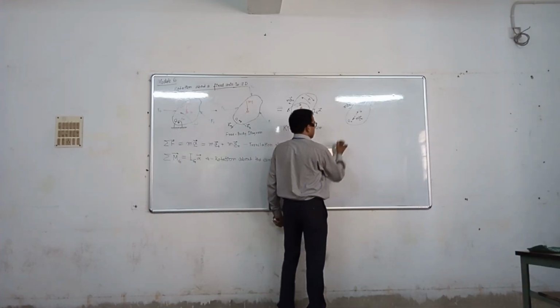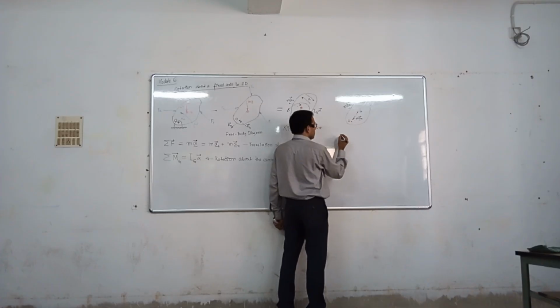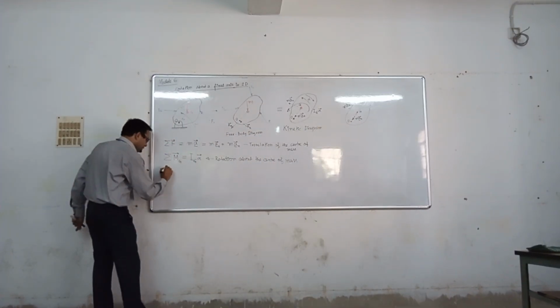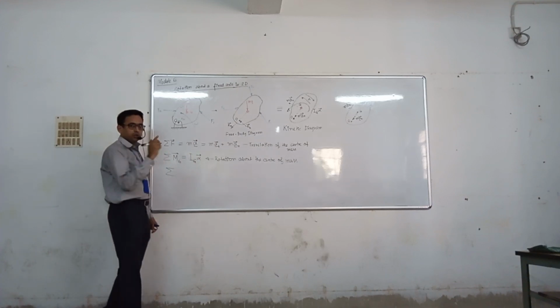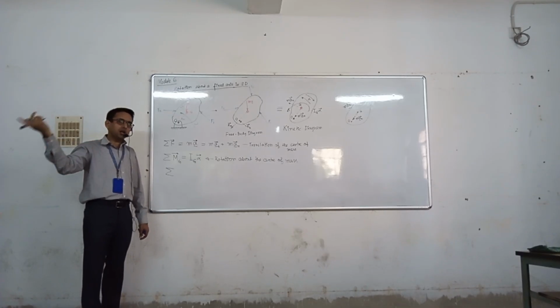I know that about this point, this is this. Again, about the fixed point, we had discussed the moment about 3 points. One is the fixed point, another is the center of mass, another is an arbitrary point.